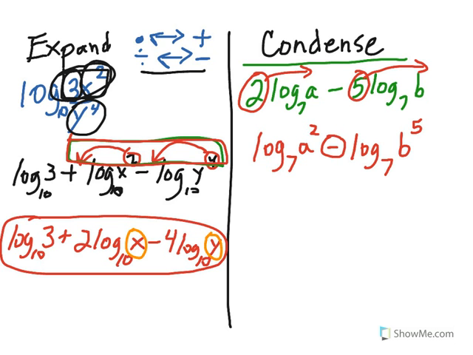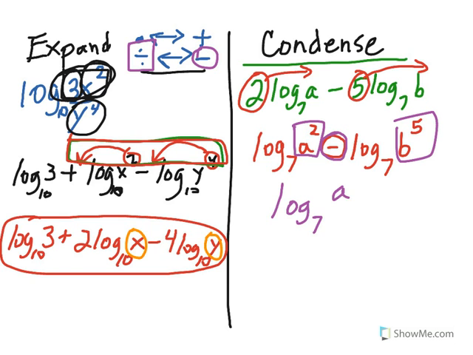That's subtraction. And when I go up here, subtraction came from division. So if I want to put these back together, it would be log base 7, first one divided by the second one, of a squared over b to the 5th.